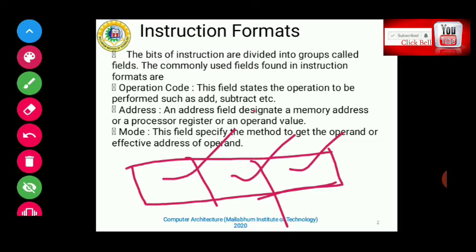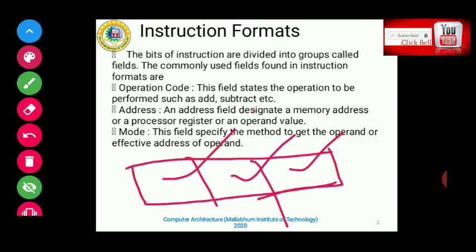Now the opcode is the field which states the operation to be performed. This field defines the various processor operations such as add, subtract, complement, etc. So just by seeing the operational code, one can define what type of operation is to be performed by that type of instruction. Now the address field designates a memory address or processor register, where the data is to be fetched to perform the instruction.